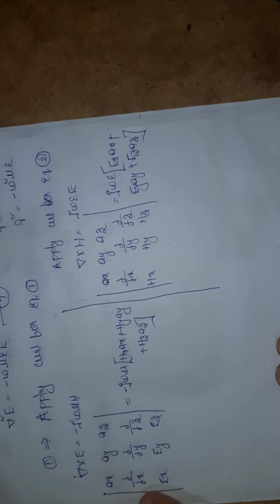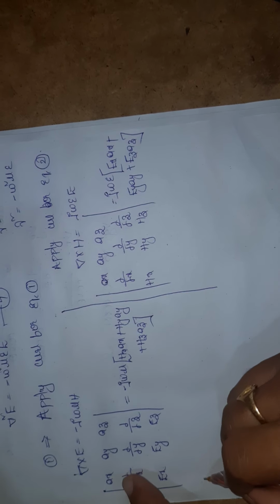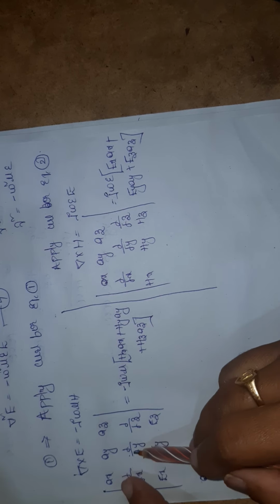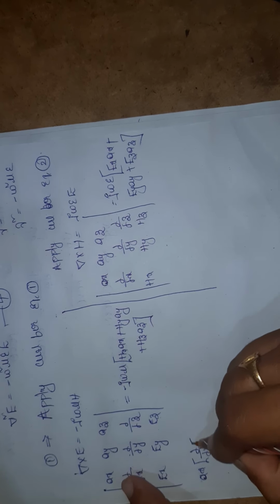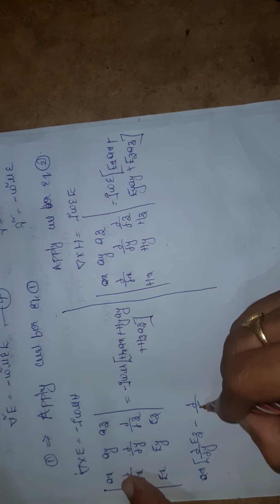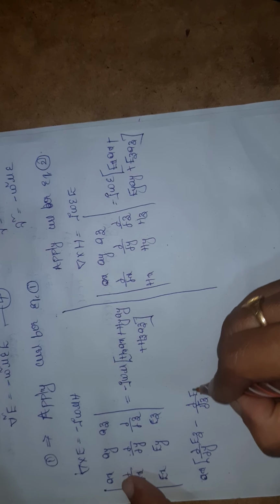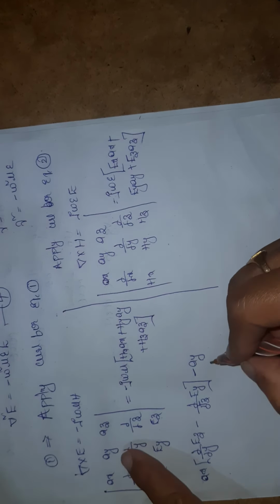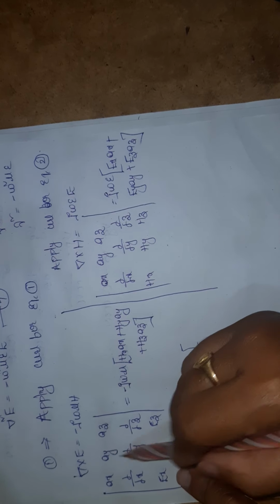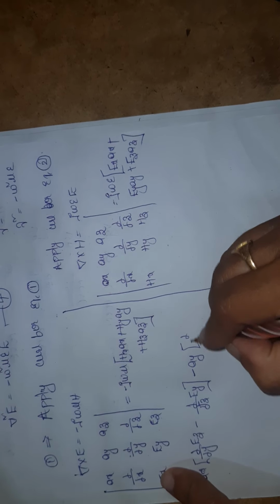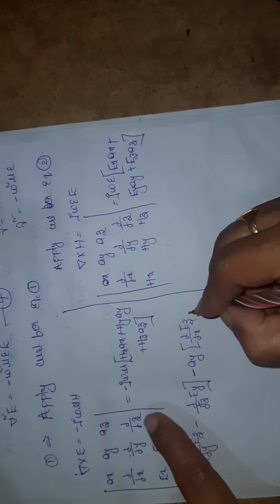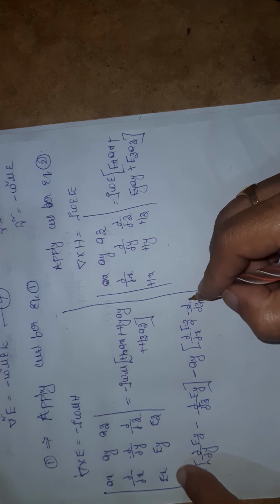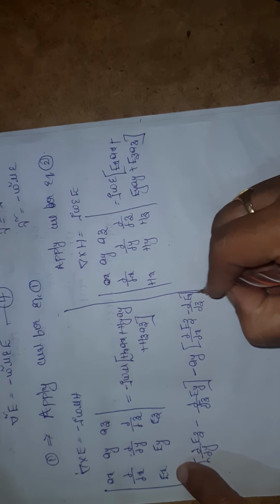Now apply del on the left hand side. Ax into, if I take this one, you have to consider these two: dou y of Ez minus dou z of Ey. Next, minus Ay, you have to consider the in-between terms: dou x of Ez minus dou z of Ex.